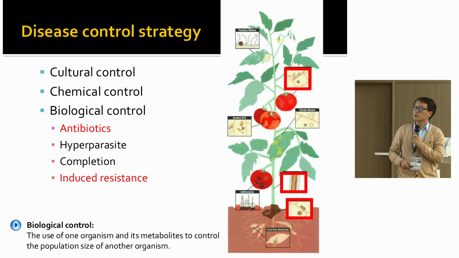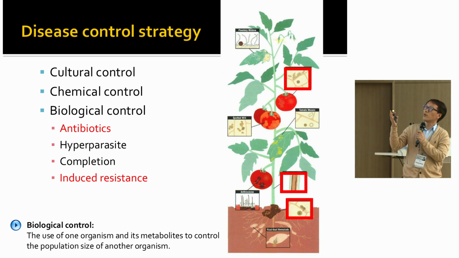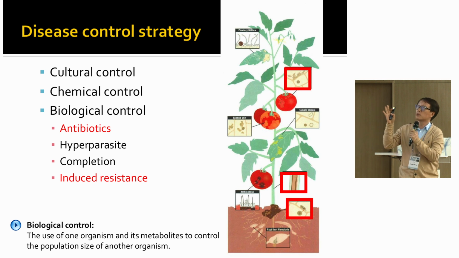How? This is in the textbook: there are several ways to control plant pathogens and insects. There are cultural control, chemical control, and biological control. So today I'm going to focus just on biological control.